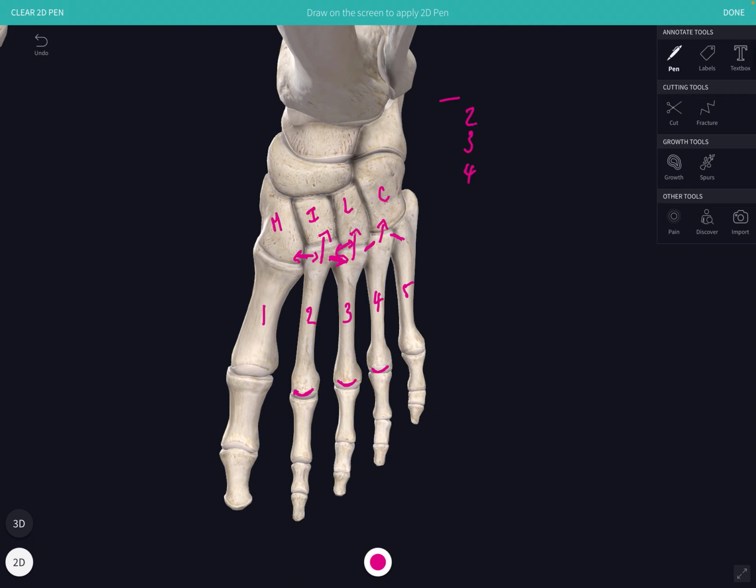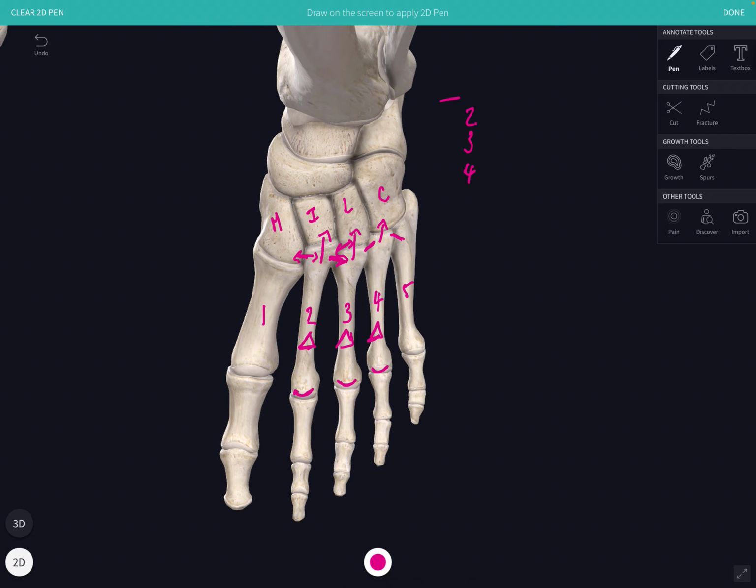The shafts are a little compressed from side to side and have a rounded upper surface and a sharper plantar border. So they are roughly triangular in cross-section. So the shafts of the second, third, and fourth metatarsals are relatively triangular.